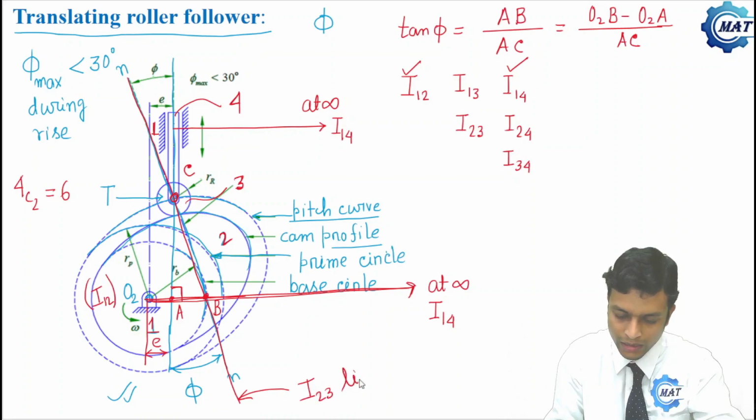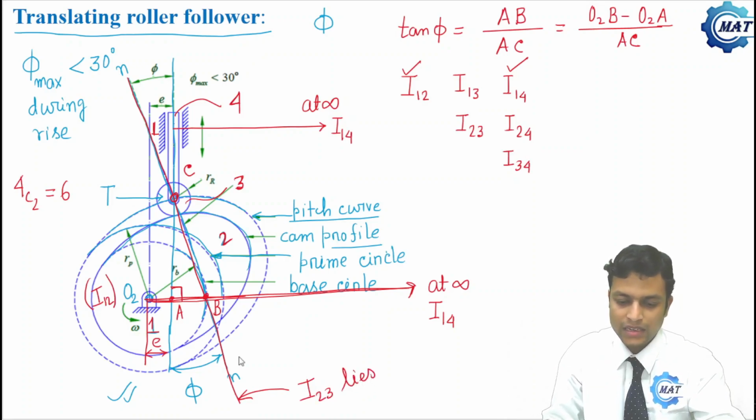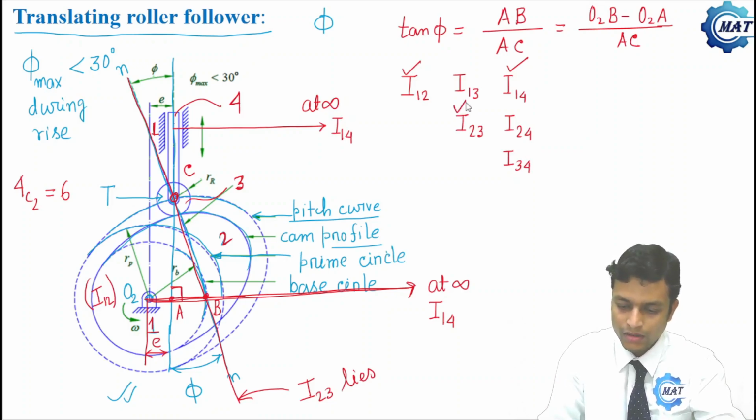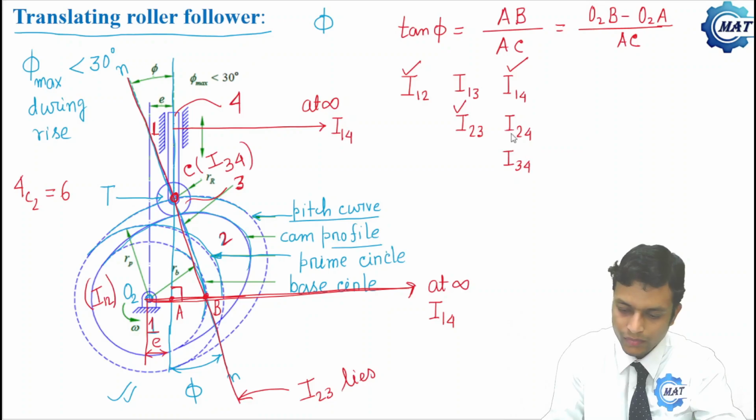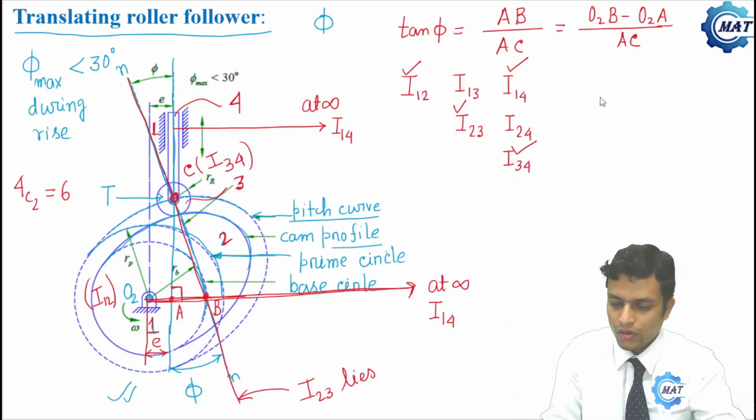I23 lies on this line, that is the common normal. Now where is I34? 3 and 4 are connected by this revolute pair at T or C. So C is nothing but I34. Now we are interested to locate I24 to calculate the value of O2B.